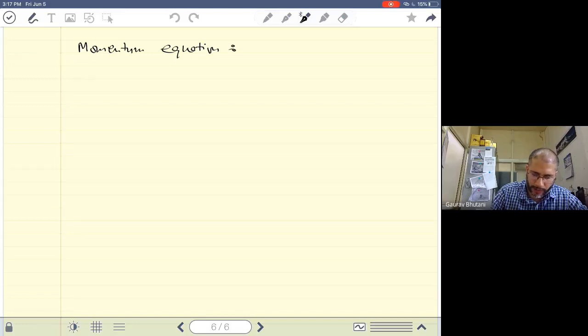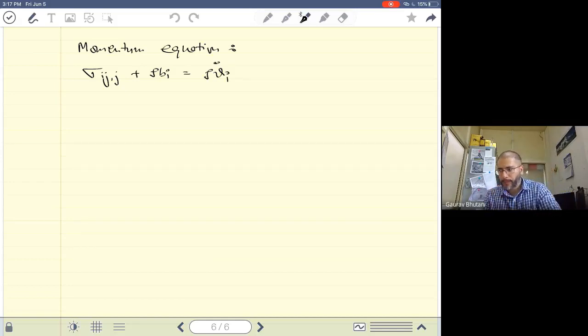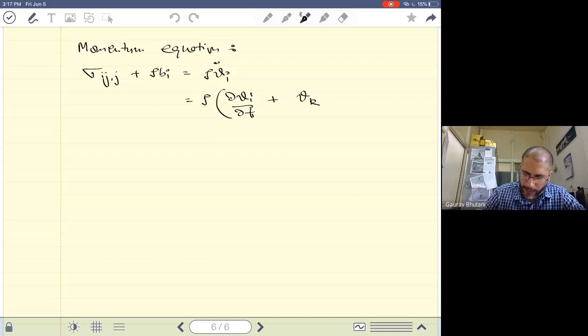So that's sigma ij comma j plus rho bi is equal to rho times vi dot. Now rho times vi dot can be written as del vi by del t plus vk vi comma k. That's the definition of material derivative.